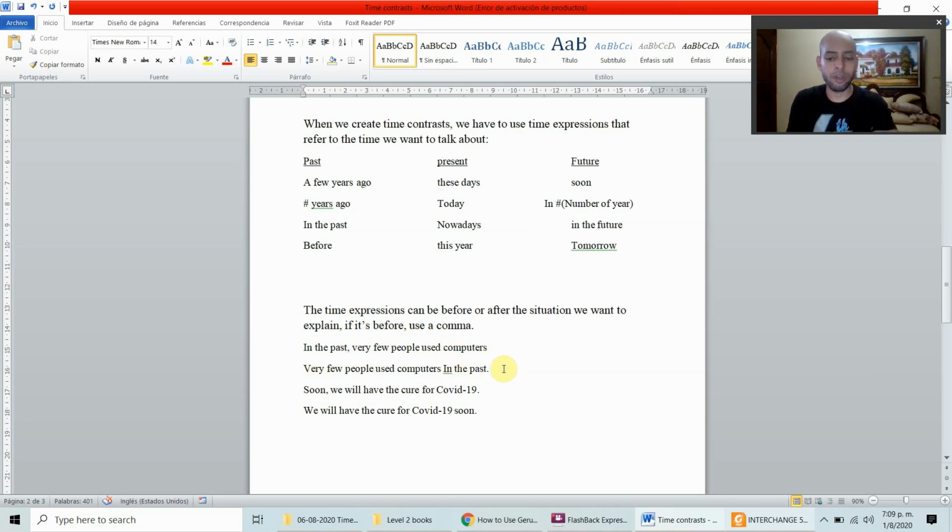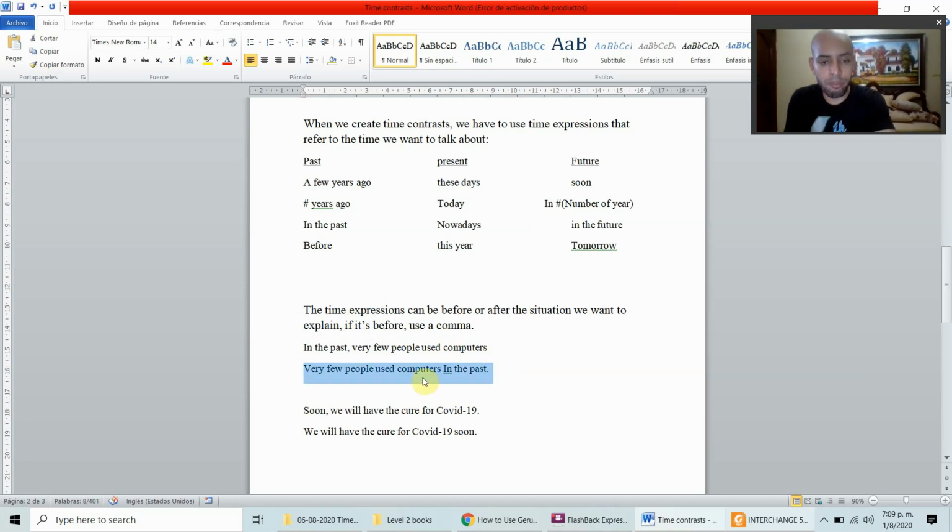And the other way around, very few people used computers in the past. So, as you can see, they have the same meaning, but here we are using the time expression first, followed by a comma, and here we are using the time expression after the situation, without a comma.